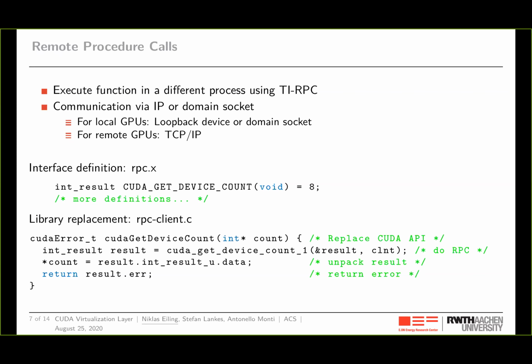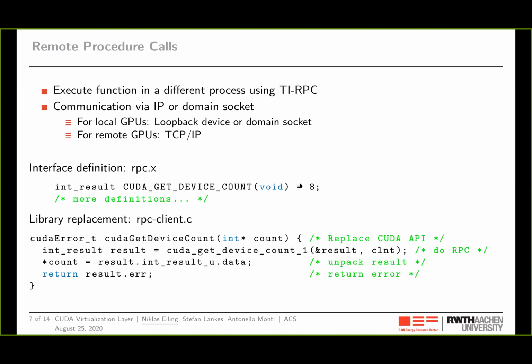remote procedure calls. If we have a new API function for which we want to implement a remote procedure call, we just use our interface definition file where we just add the respective API.